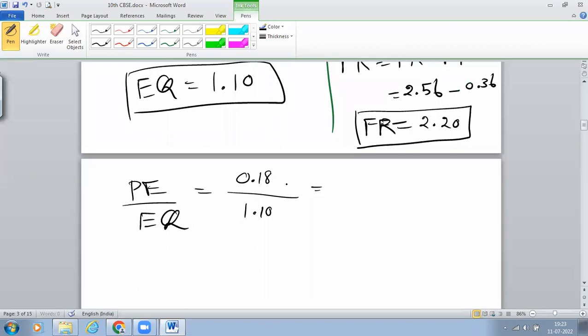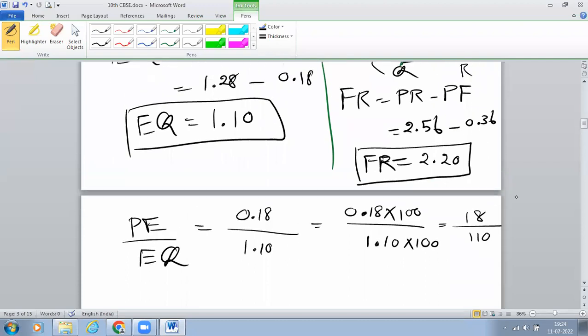After the decimal point there are 2 digits, so multiply the numerator and denominator by 100. The point moves 2 digits to the right, so it becomes 18 divided by 110.